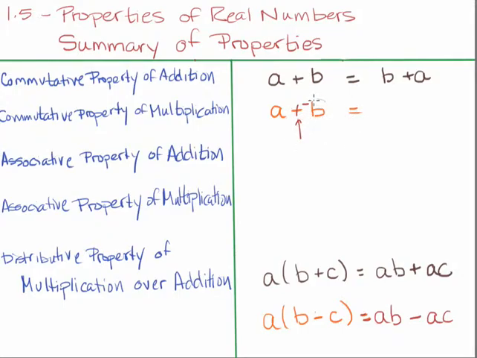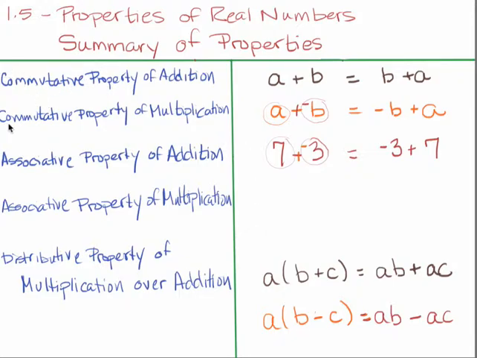I can rewrite this as the opposite of B plus A. Let's try that with our example. 7 minus 3 means 7 plus the opposite of 3. So I should be able to write that as negative 3 plus 7.